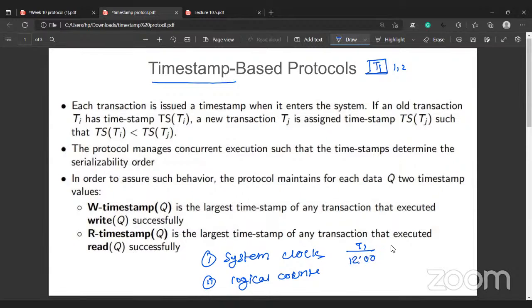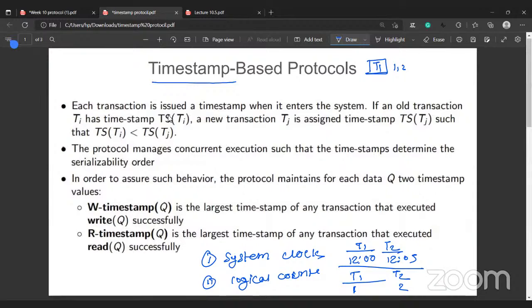If transaction T2 enters the system at 12:05, you can enter 12:05 from the system clock. With a logical counter, we can keep T1 as 1. T2 should be greater than T1 if it enters after T1. If T2 enters the system after T1, it will be greater than 1. So it can be 2, 3, anything.